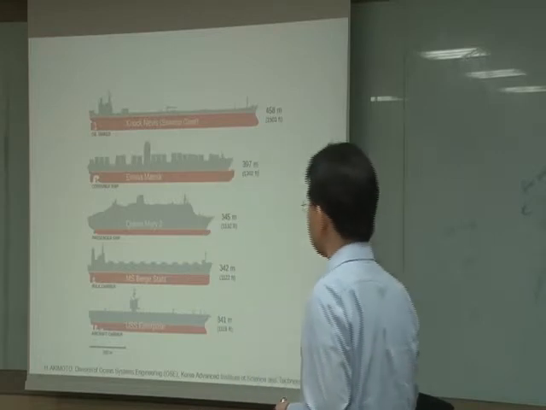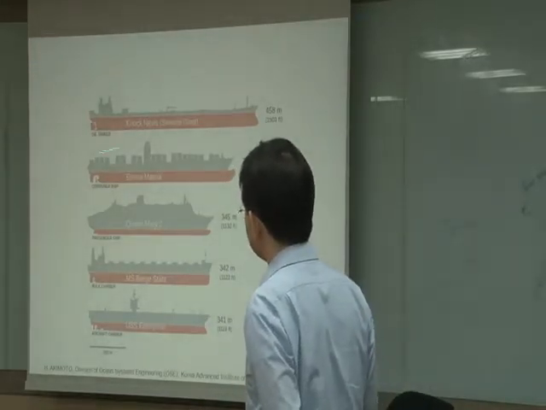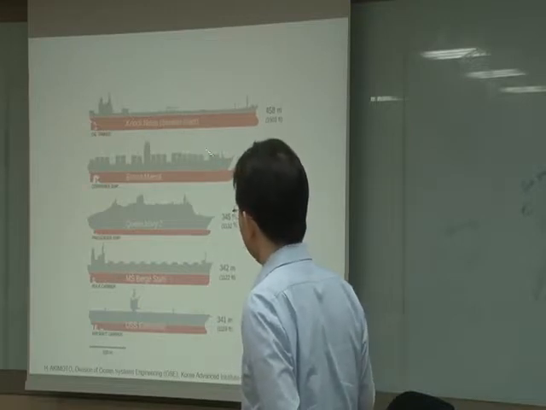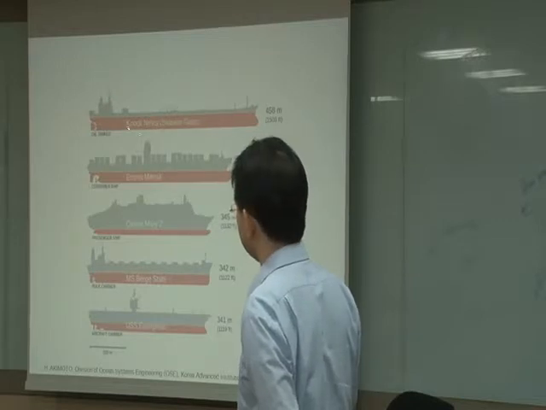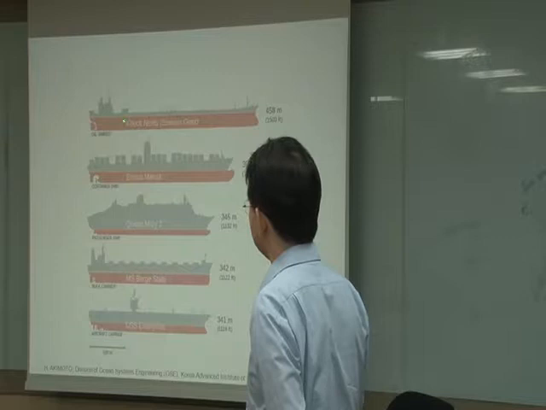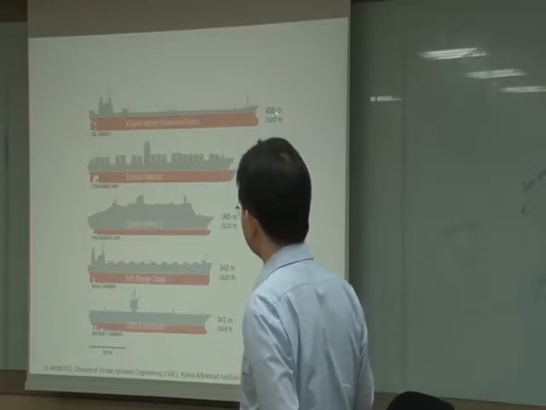It is a comparison of vessels. Emma Maersk is this one. So this is not the longest ship in the world. We already have a larger ship. This is a crude oil tanker. Its length is 458.